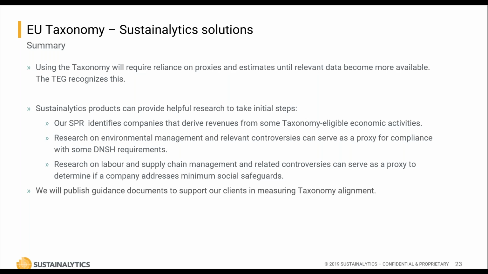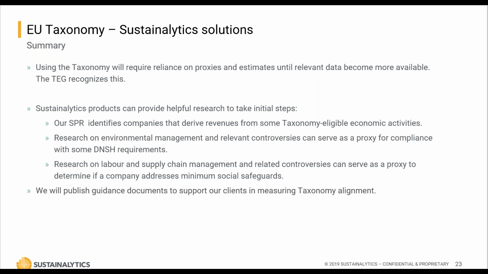So to summarize, using the taxonomy will require for some time the use of proxies and estimates until fuller data becomes available. And our sustainable products research can help in that regard. Our research on environmental management and on relevant controversies can help, both with respect to do no significant harm and with respect to minimum social safeguards.